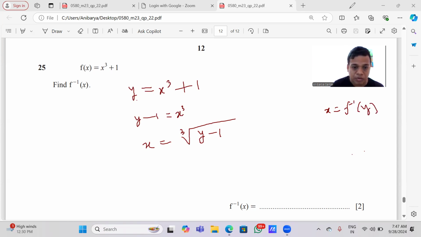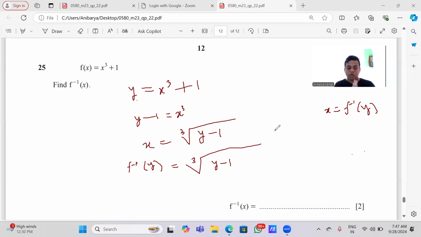So in the place of x, I am putting f inverse y, which is equal to the cube root of y minus 1.